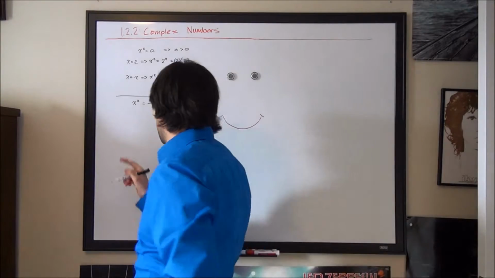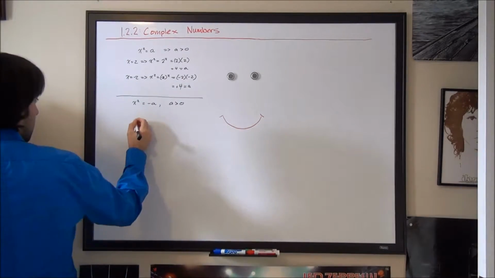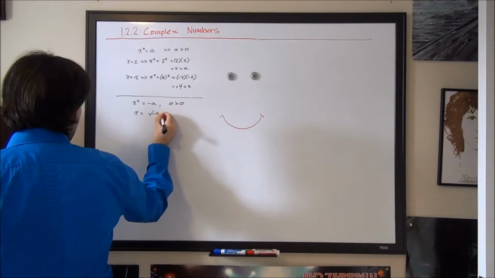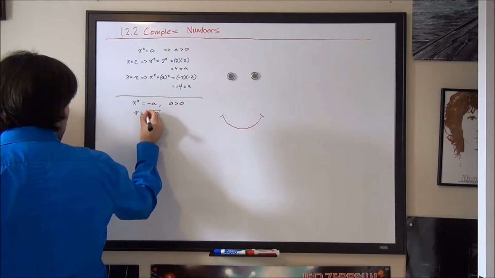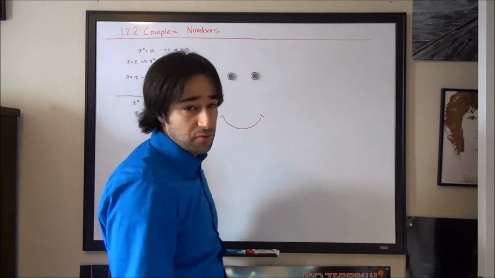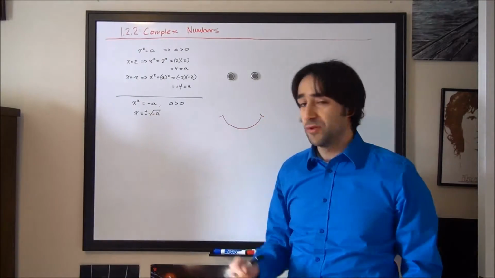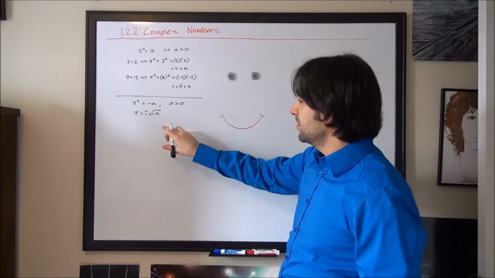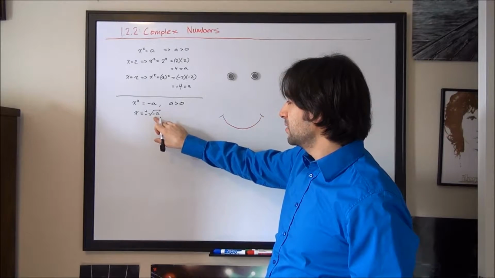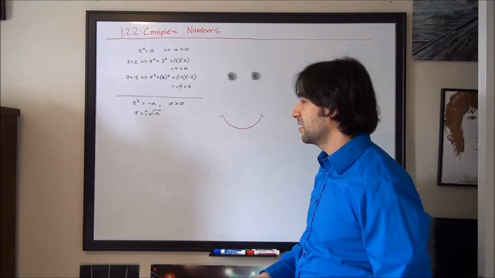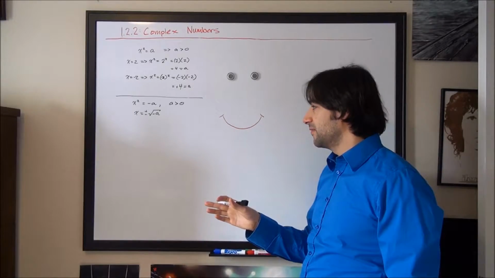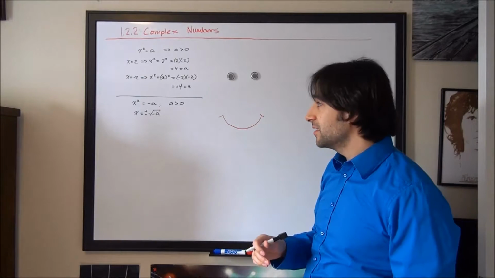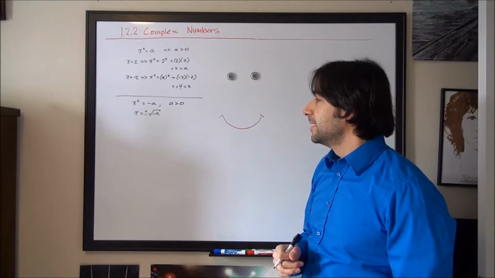Well, we can take the square root of both sides, so we can say x is equal to the square root of negative a. And we need our plus or minus sign here, which is why when we do the quadratic formula, we wound up with two solutions, you remember. Problem is, we can't actually solve this. If you were to enter this into your calculator, the square root of negative a, where a is some number greater than 0, your calculator will say we can't do that.